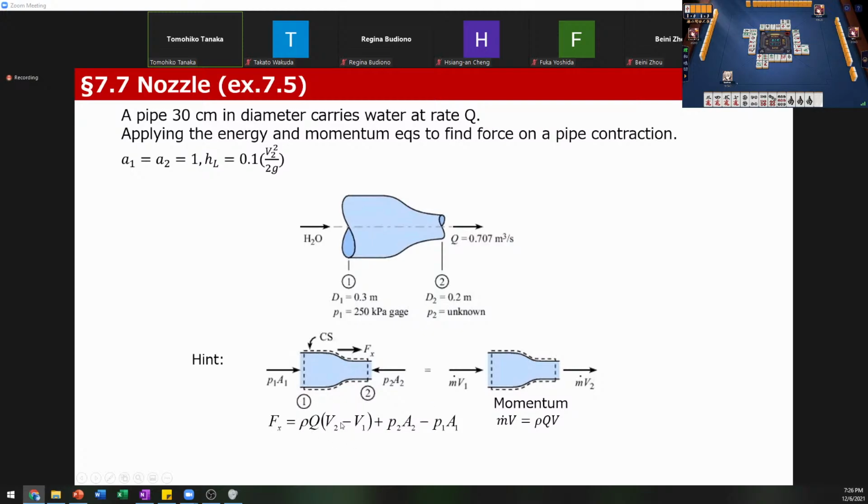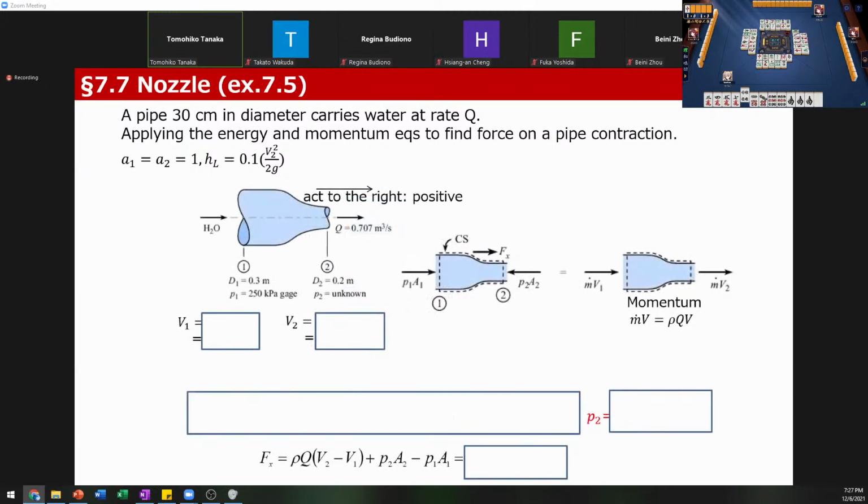This is the momentum change in the system: rho times Q times (V at position 2 minus V at position 1), right? It equals a summation of the forces, which are the pressure at the inlet and the pressure at the exit, and then the force acting on the pipe contraction. That's the momentum equation.